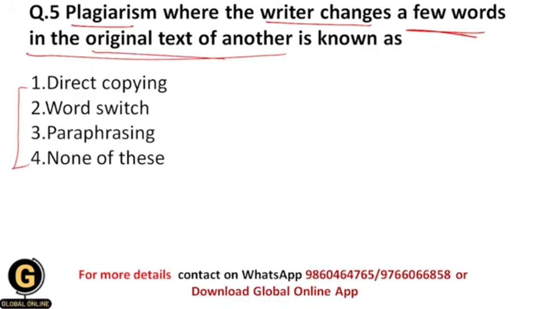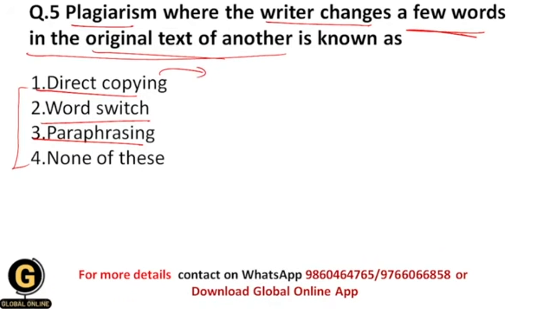So this kind of plagiarism is called what? Direct copying, word switch, or paraphrasing. Students, all of these are types of plagiarism basically, so let us see one by one what they are.